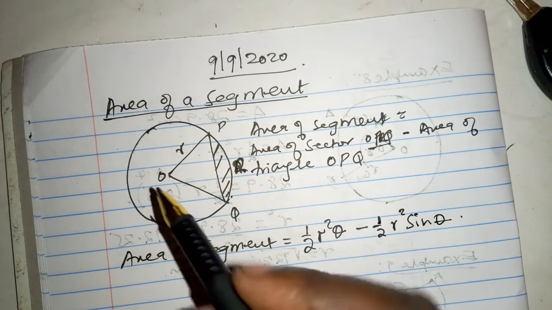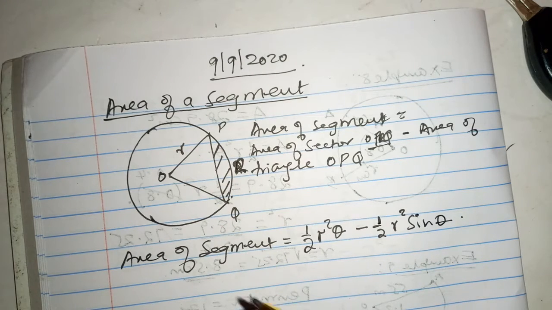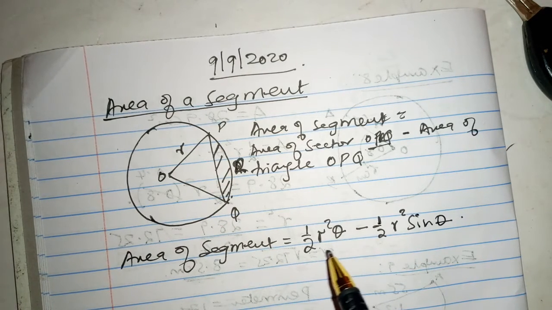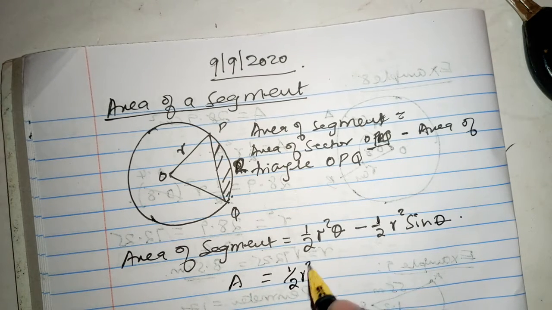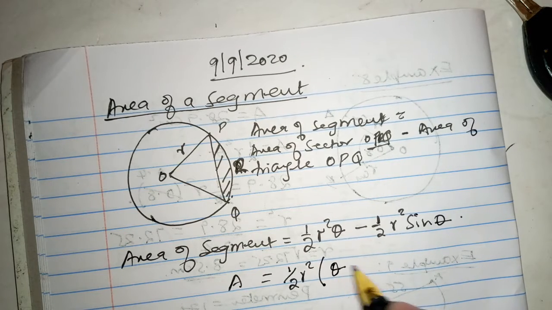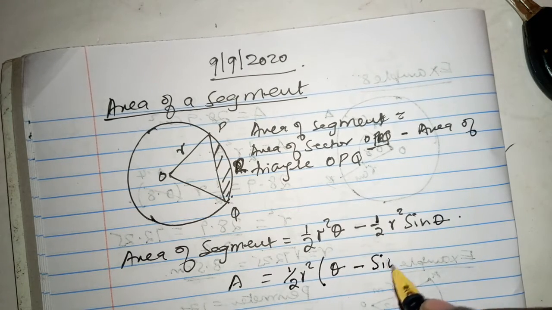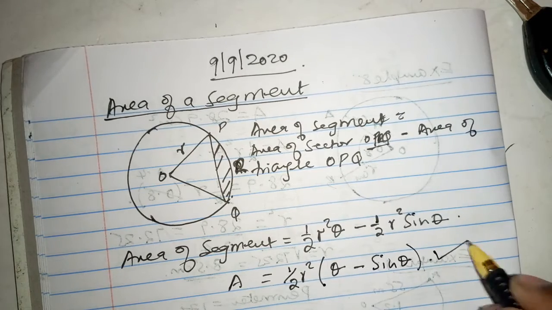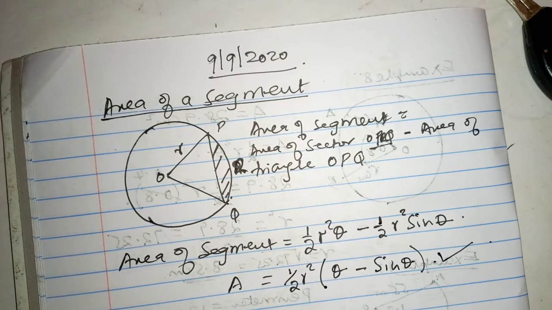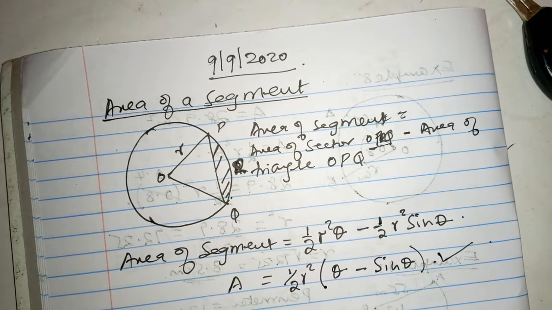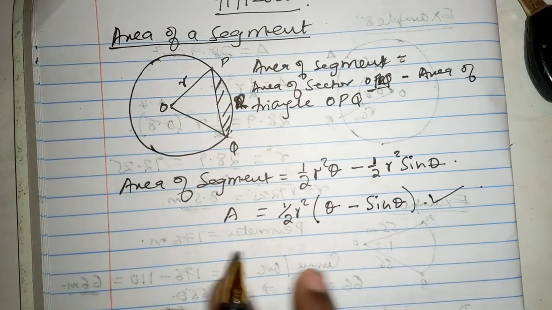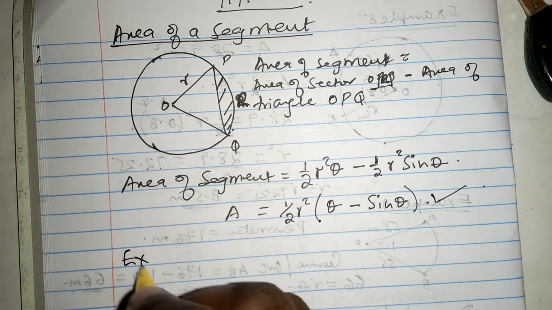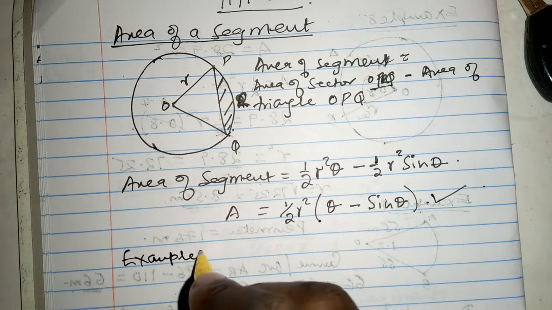That is the area of triangle OPQ. And you can already see that a half r squared is common. So area of segment becomes half r squared, open bracket, theta minus sine theta, close bracket, where theta is in radian form, angle in radian form.